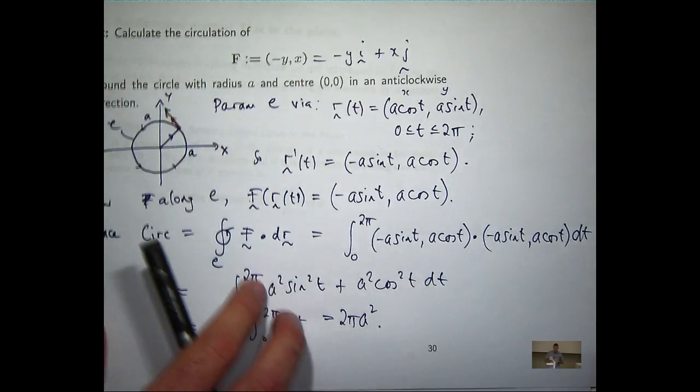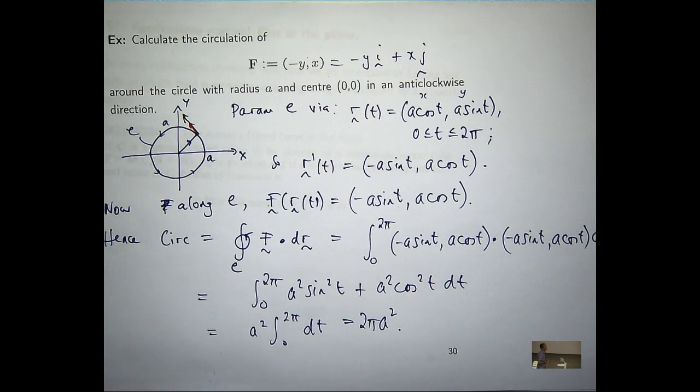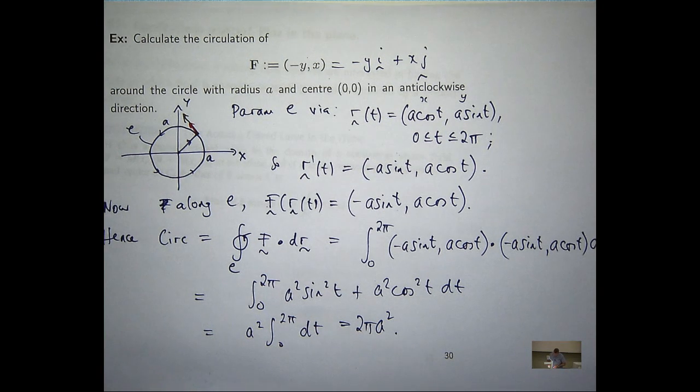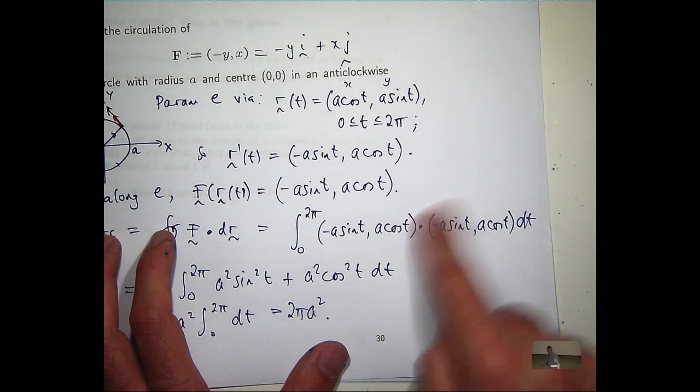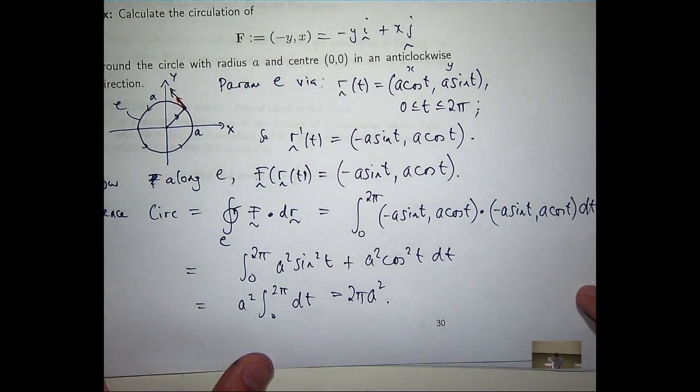So you can't get a better match than what we have, because at every point on that curve, the vector field actually lies along the tangent vector. Okay? It just comes back to the dot product between this and this. Okay? Questions?